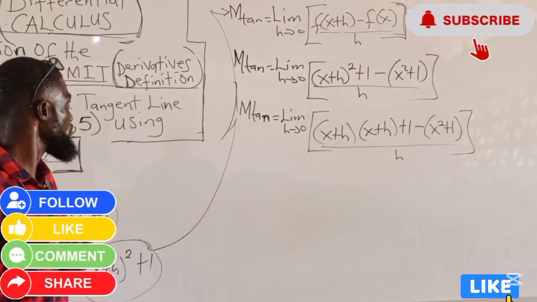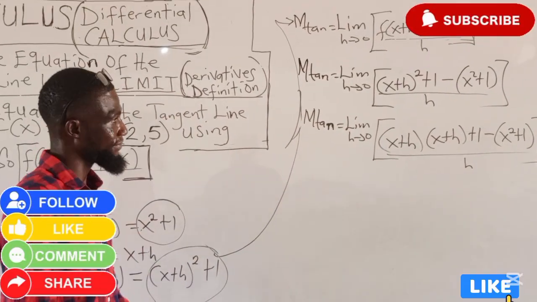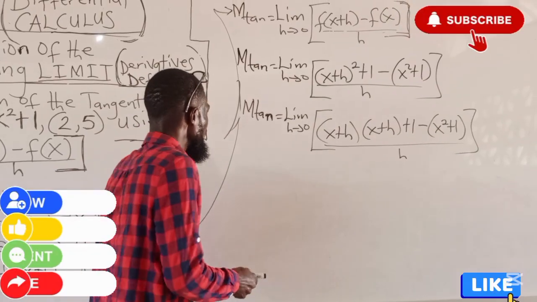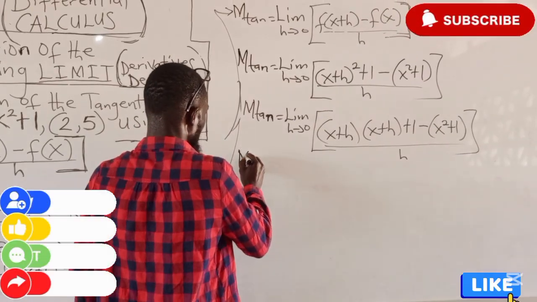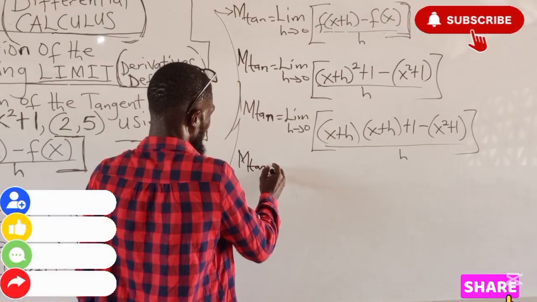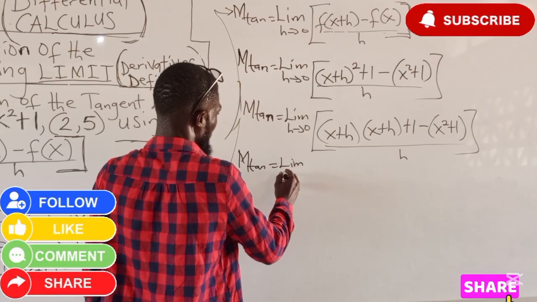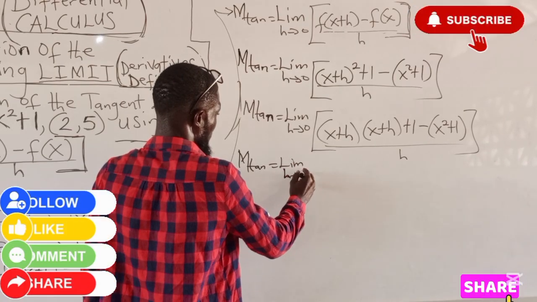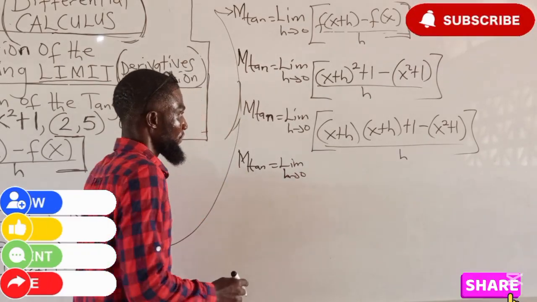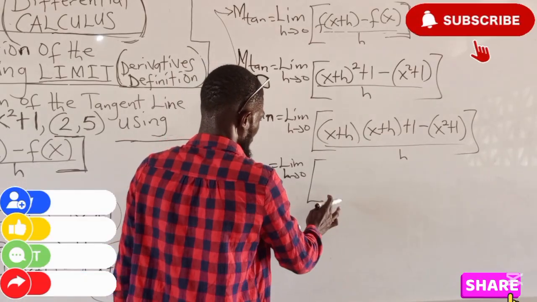He also made a contribution to limits. So on this note, ladies and gentlemen, we say m tangent will be equal to the limit as h approaches 0, bracket open.